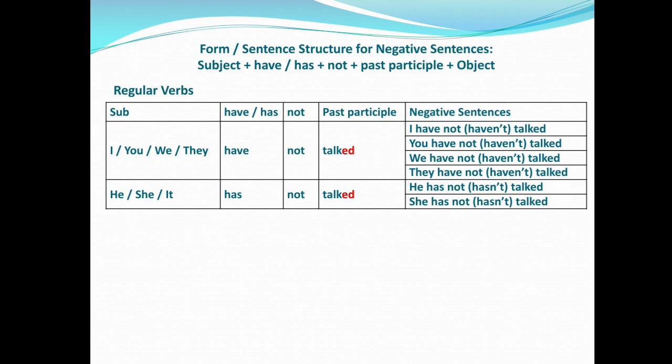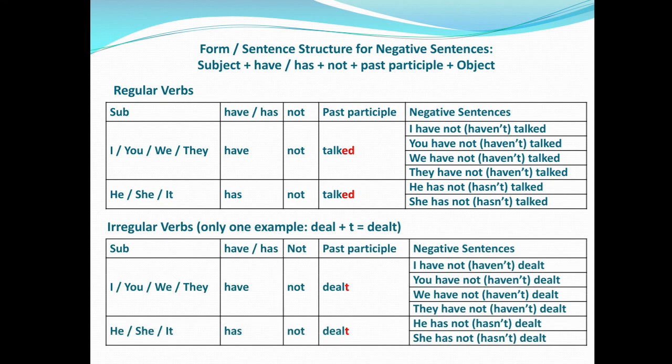Clear? Irregular verb, again we will take the same dealt example, only one example, and same way you will get I haven't dealt, you haven't dealt, we haven't dealt, they haven't dealt, he hasn't dealt and she hasn't dealt. Hope this chart is clear, students. Very easy, very simple. Okay.